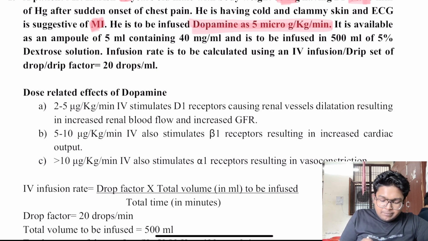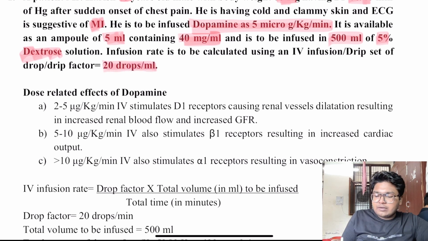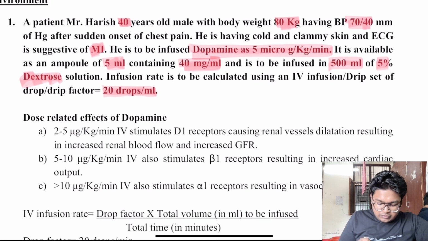It is available as an ampoule of 5 ml containing 40 milligram per ml, infused in 500 ml of 5% dextrose solution. Infusion rate is to be calculated with an IV drip set of drip factor 20 drops per milliliter.